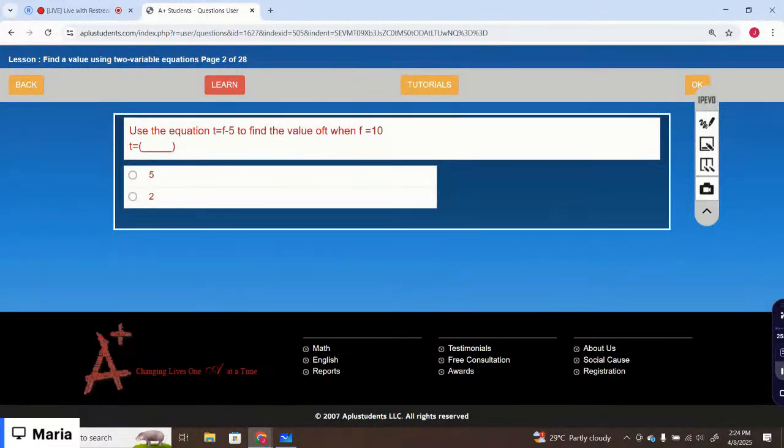Use the equation t equals f minus 5 to find the value of t when f equals 10.